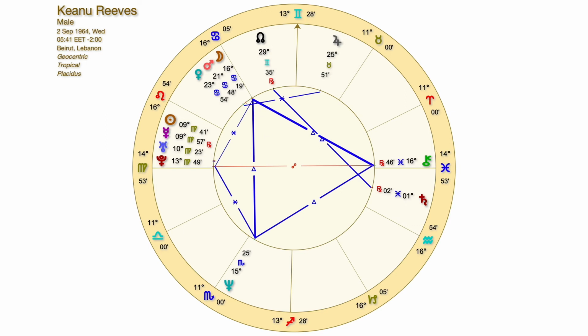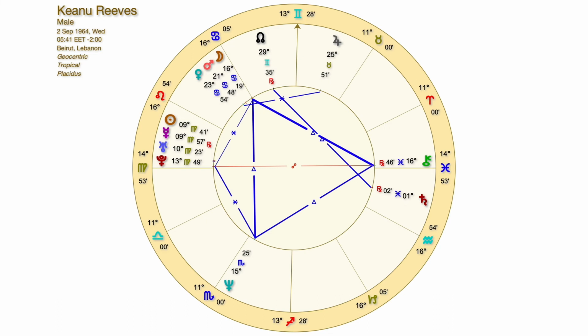You might be wondering why the houses aren't of equal size. This isn't very noticeable in the chart of Keanu Reeves, but in many other charts you'll notice that some houses take more space than others.